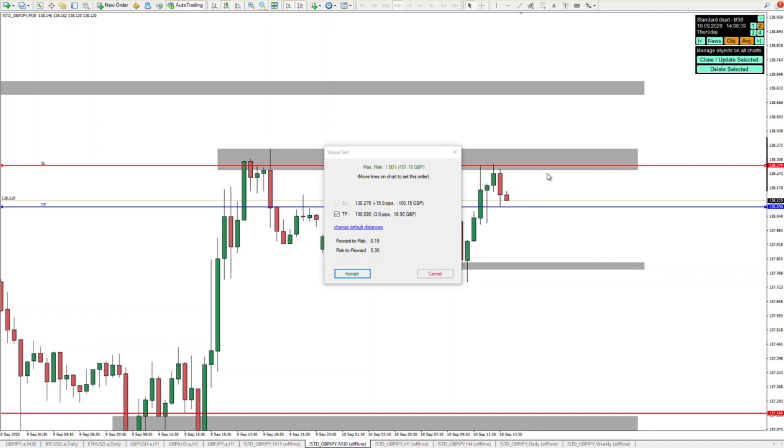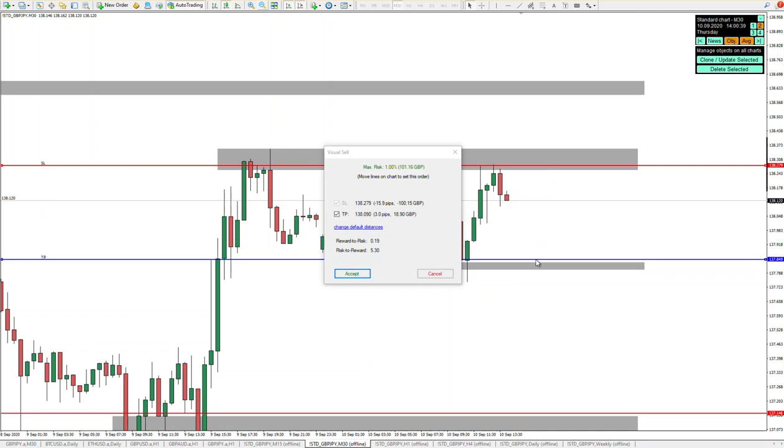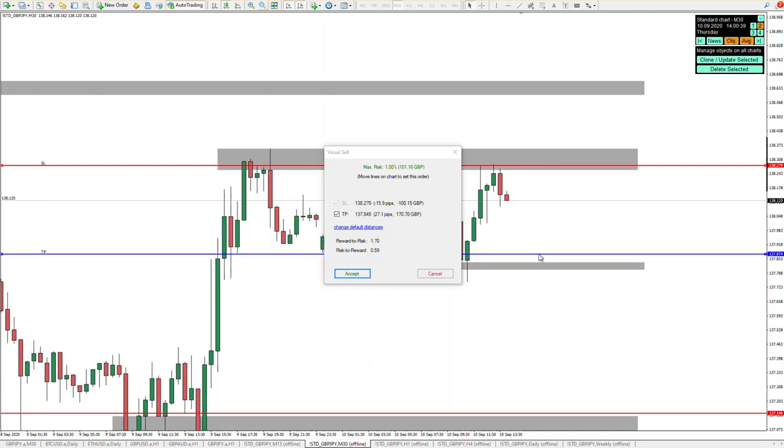Stop above current candle, previous candle, TP like 88, something like that.